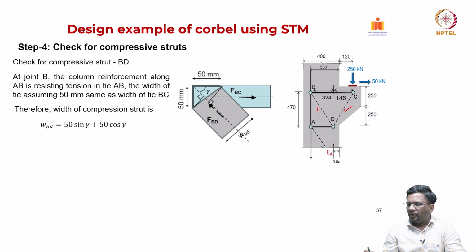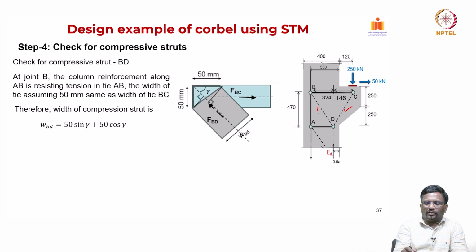How about compressive strut BD? Again using geometry, resisting the tension tie, assuming the width is the same as the tension tie width as BC, we take 50 mm, same thing that we are taking here. So, at joint B, the width of the compression strut will be equal to this side also, 50 mm, right.